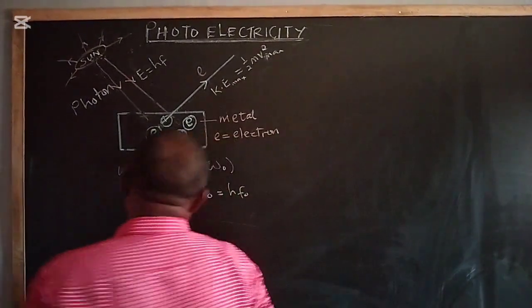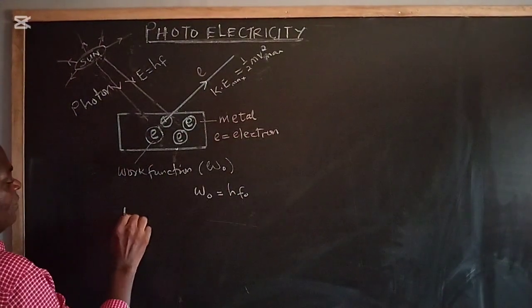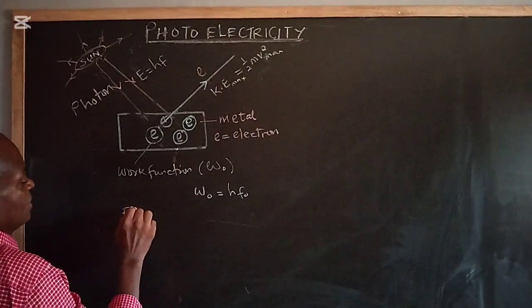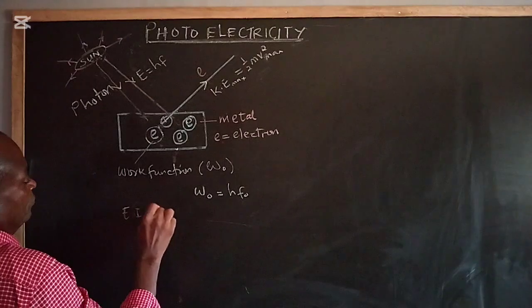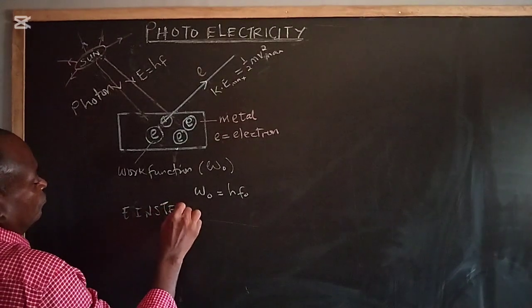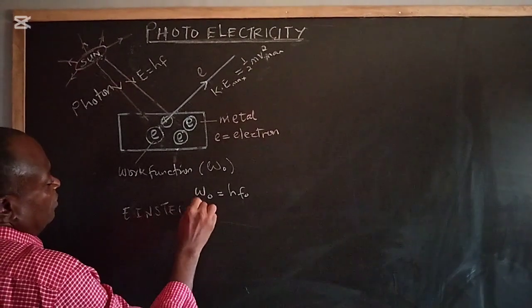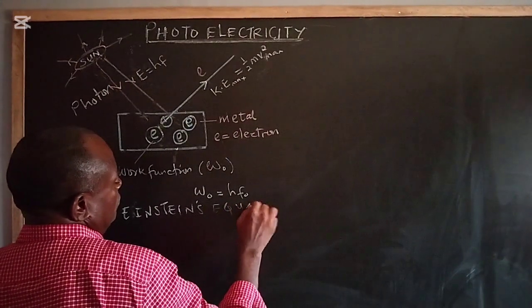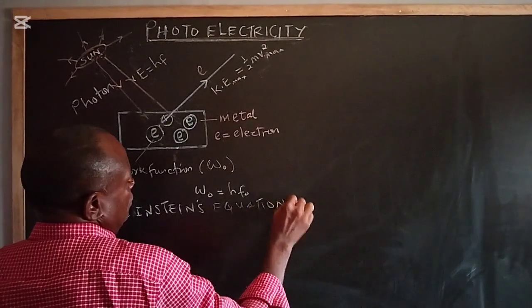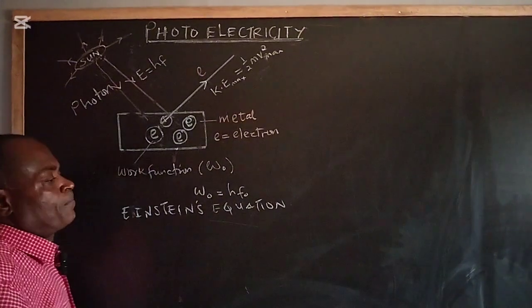So Einstein came up with what we call Einstein's equation of photoelectricity.